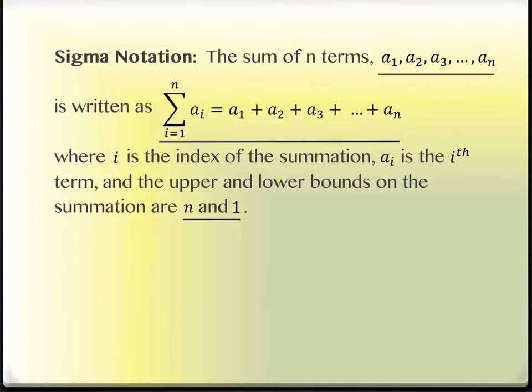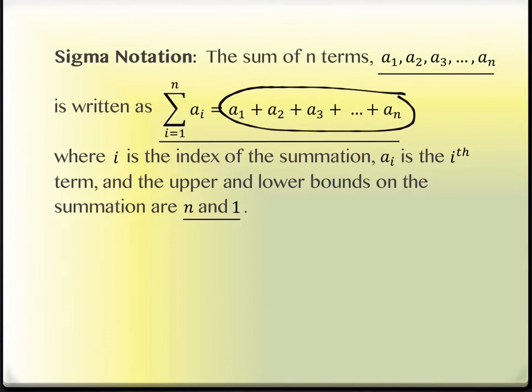The notation looks like sigma, with i equals 1 underneath and n at the top, which tells you where we're starting and where we're ending. i equals 1 is where we're starting, and n is where we're ending. a sub i are the things we're adding together. So what's on the left really is this summation. We're doing a shorthand notation for adding a bunch of things together.